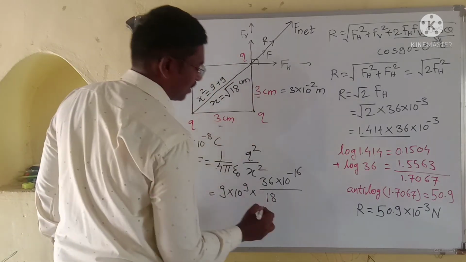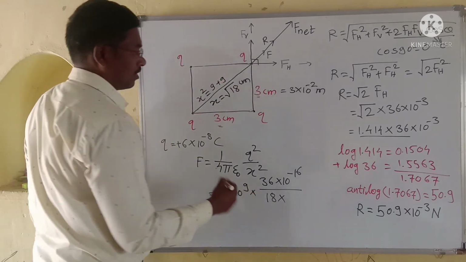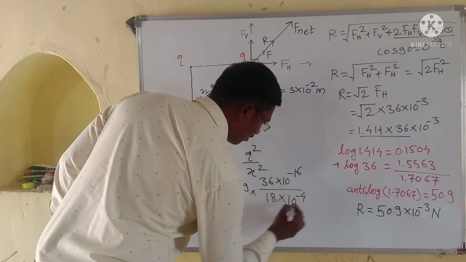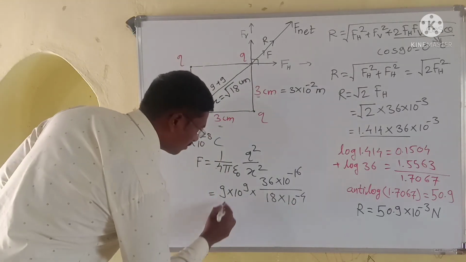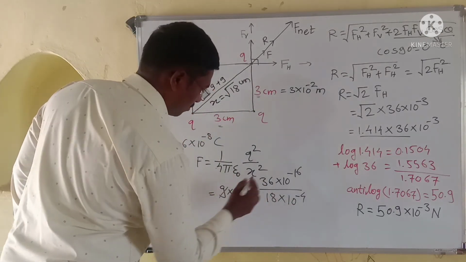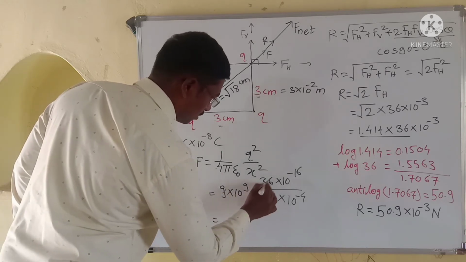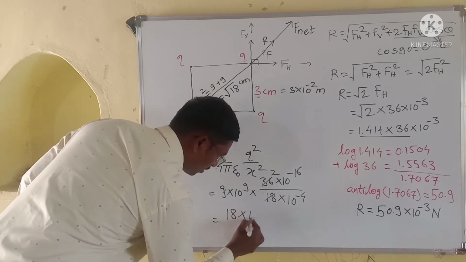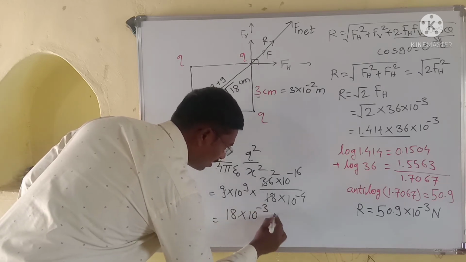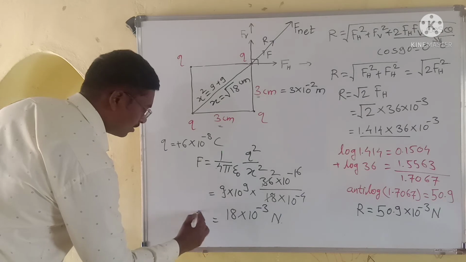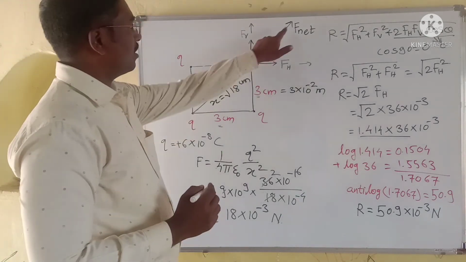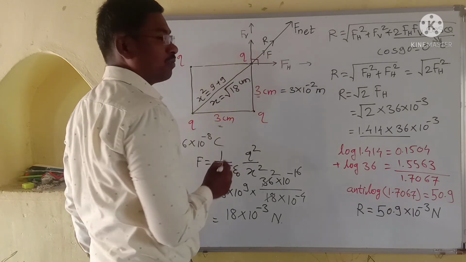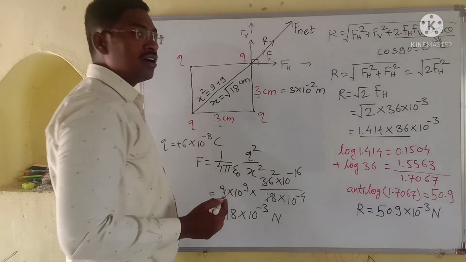It is in centimeter, so in meter the square is 10 raised to minus 4, which is equal to 2. So it is equal to 18 into 10 raised to minus 3 Newton. Okay. This force is along the diagonal, and the resultant of these two forces is also along the diagonal.